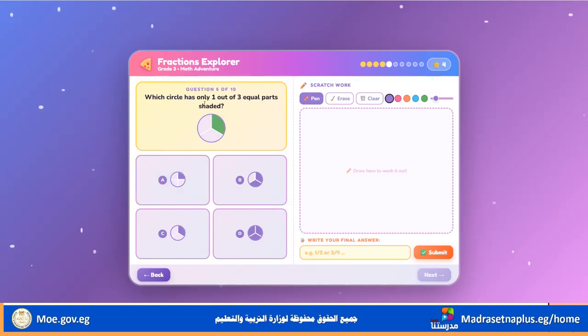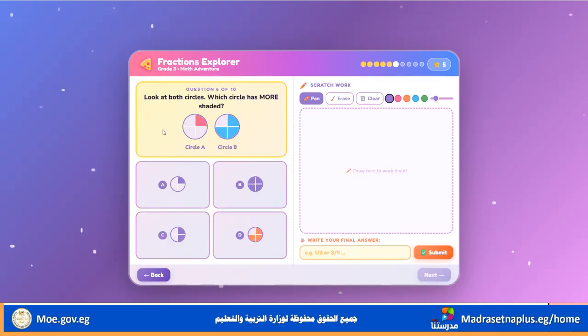So, which circle has only 1 out of 3 equal parts shaded? Which one? 1 of 3. This is 1 of 4, 2 of 3, 3 of 3. But that one, 1 of 3. That's right. Like this one, 1/3. Okay.